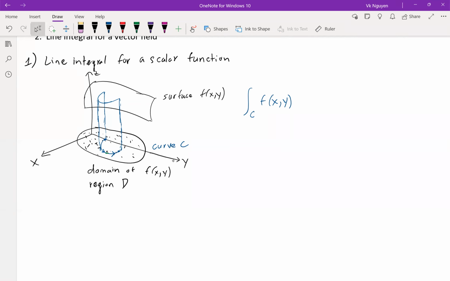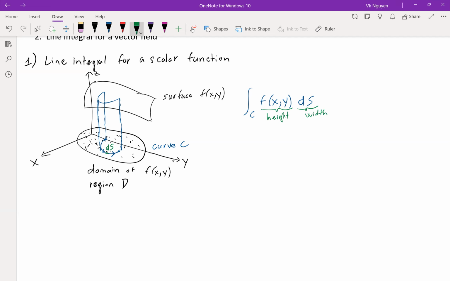This small part right here is ds. So f(x,y) ds. This is the height, and ds is the arc length. So you can see that one as the width.